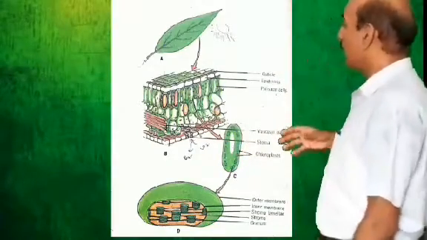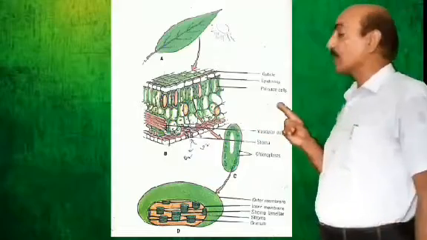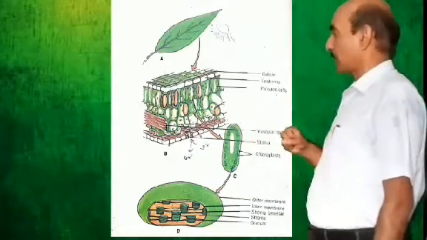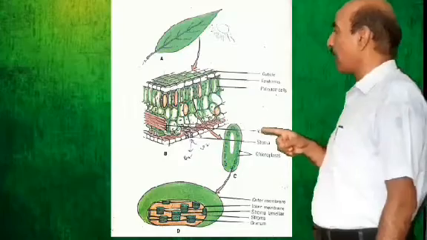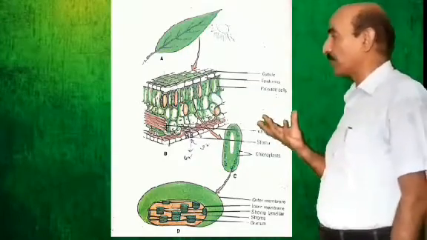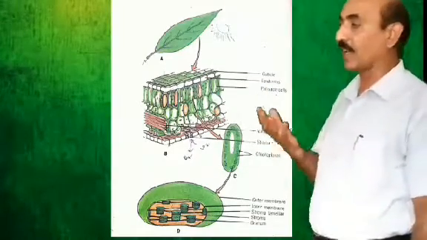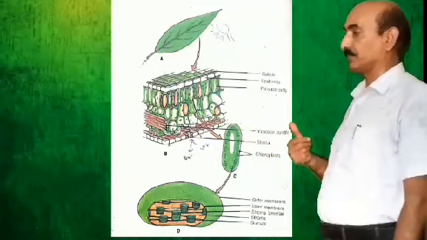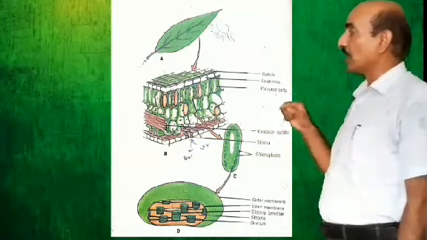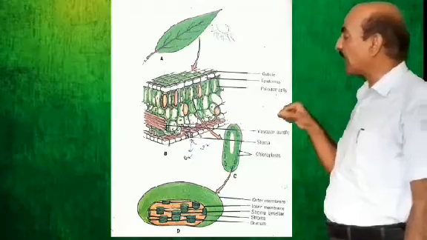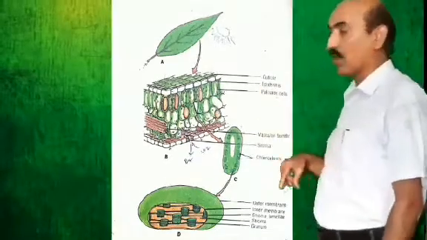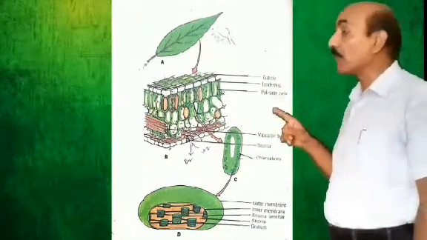If you will see the inner view of the chloroplast, there are two structures. One is called grana, the singular is granum. Actually, granum is a collection of thylakoids in which actually photosynthetic pigment lies or photosynthetic pigment remains.